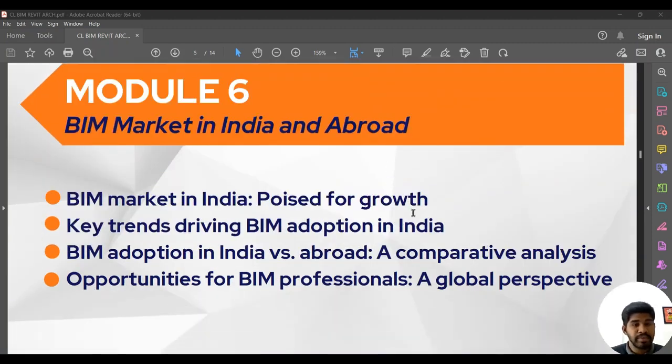Then module 6, BIM market in India. We are not limiting ourselves to India only, but also abroad, the foreign markets too. See, there is a whole international market for BIM. For example, if you see any LinkedIn profile, people work for some time in India, then switch to abroad for better opportunities and international growth.